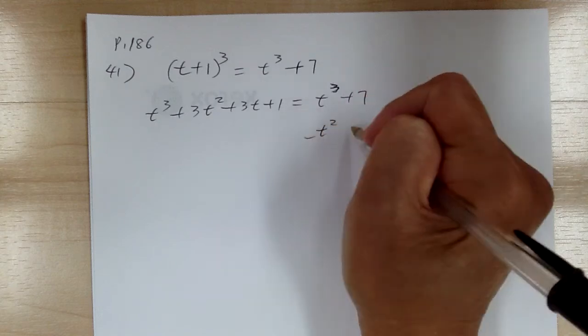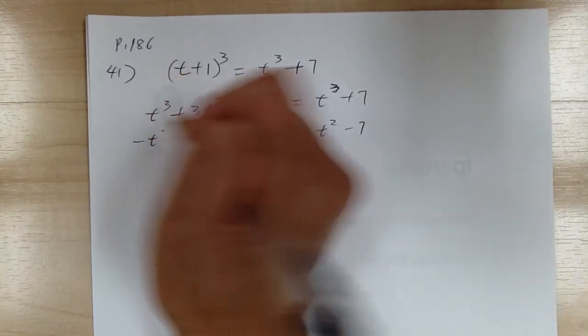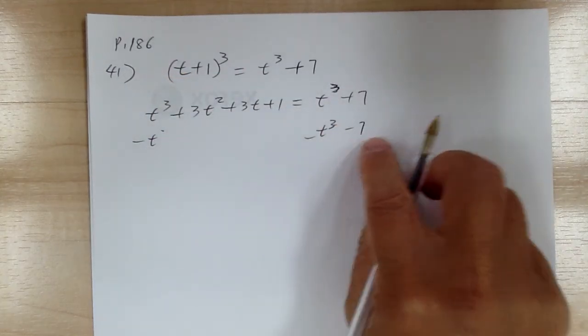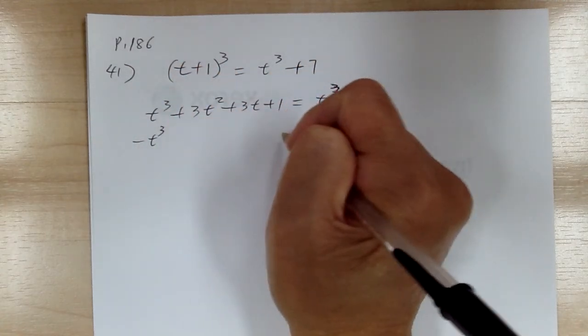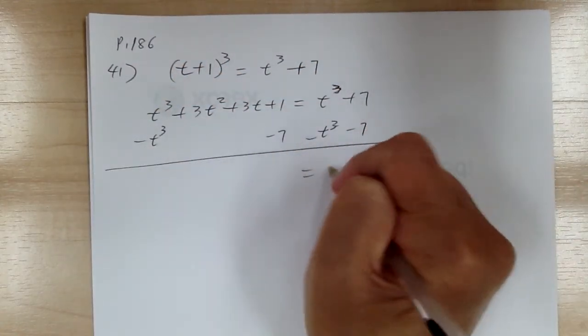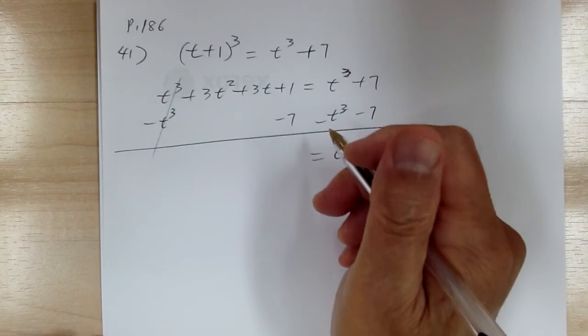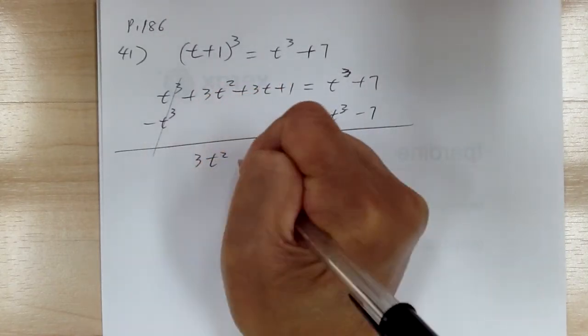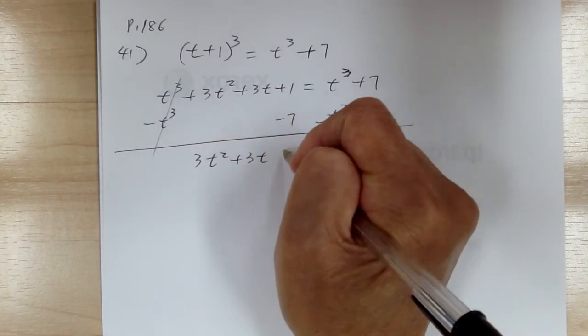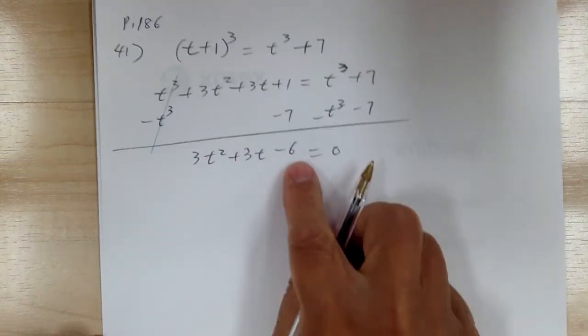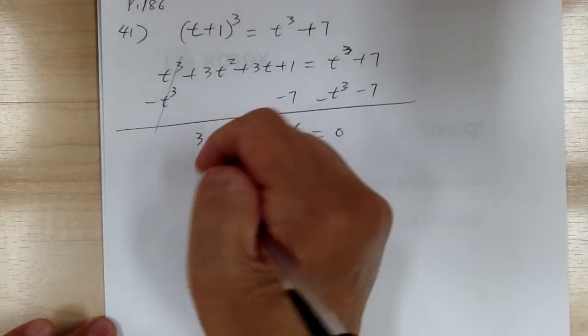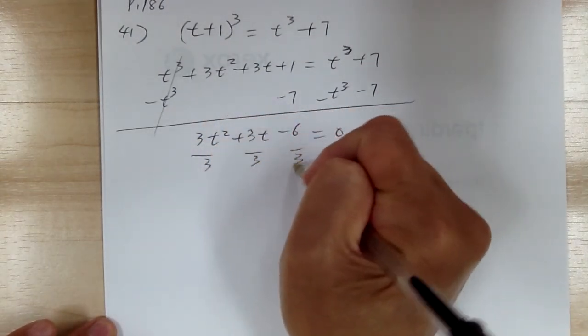So minus t squared minus 7, minus t cubed minus 7, so that you get 0 on this side. So this one is kind of nice, it cancels out. So you got 3t squared plus 3t minus 6. And again, all these are multiples of 3, so I'm going to divide everything by 3 to lower my numbers.